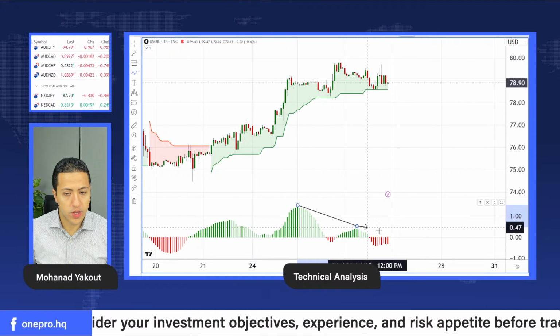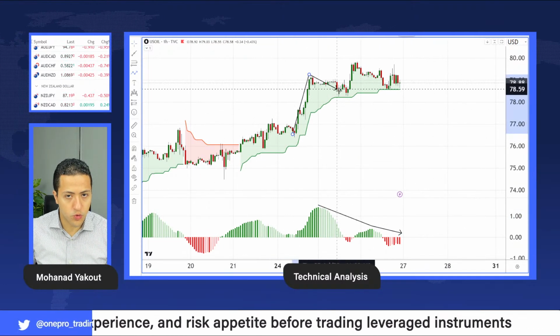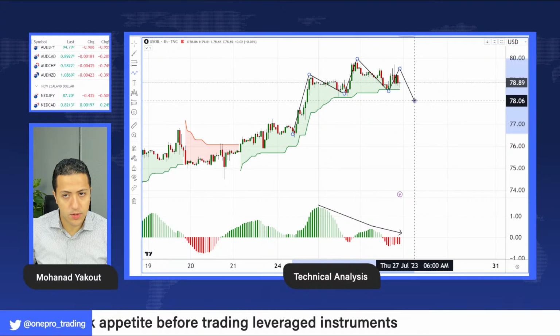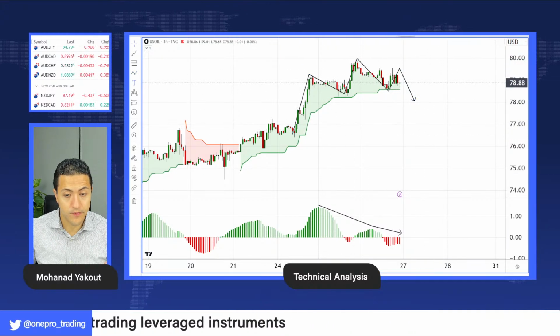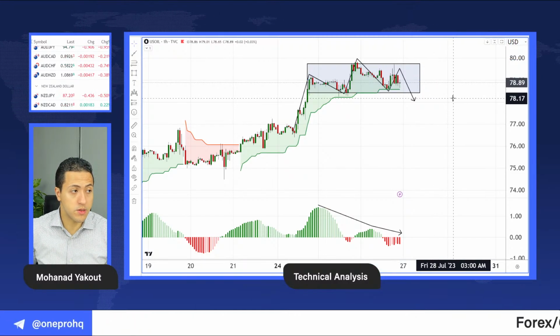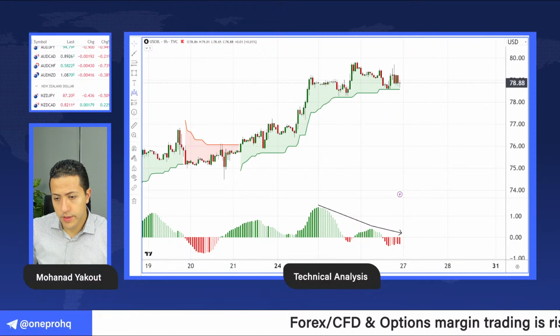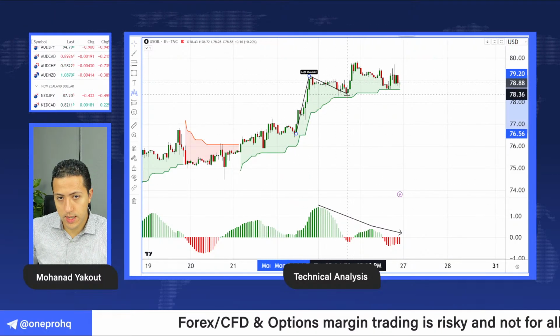Momentum is already weakening here. After a very good move to the upside, we can see there is a period of consolidation here. So to me, the US oil is something to short, and I really hope this could turn out as a head and shoulders pattern.